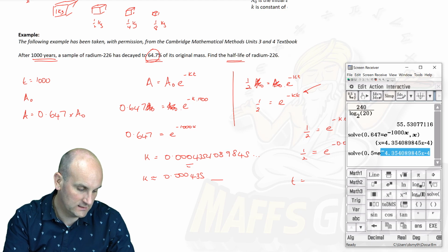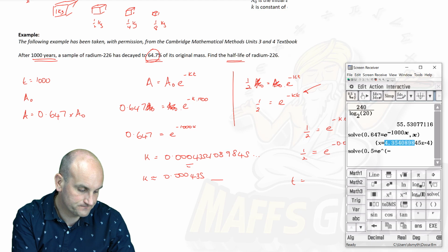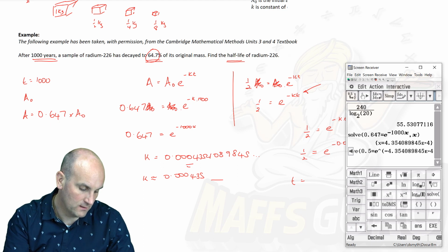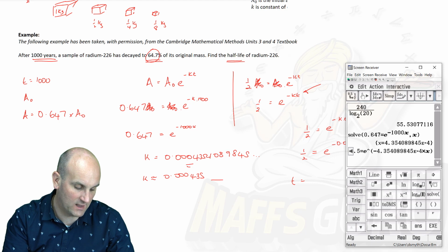So let's do e to the power of minus k times x, because x is the value we're trying to find, our half-life.